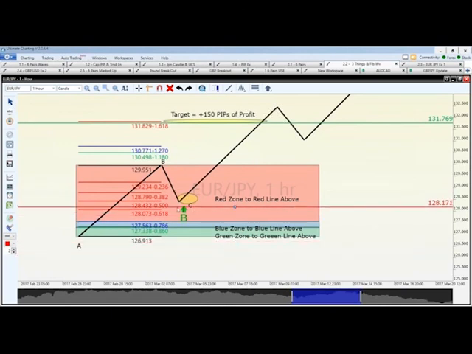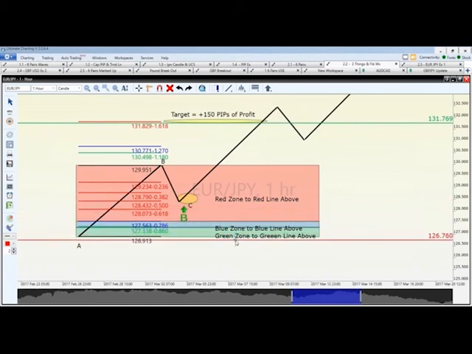So an example would be, if you are an aggressive trader, you would put your stop 5 to 10 pips below this reversal down here. If you're more conservative, you would put it down here below this A. And the reason is as follows. Let me just type this out for you.